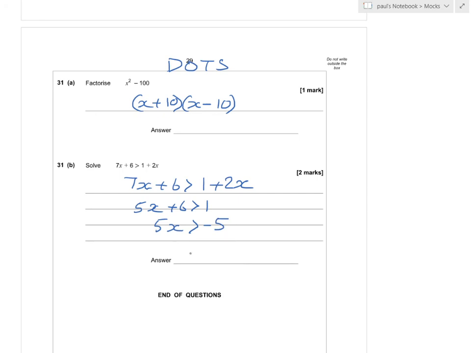So divide by 5, x is minus 5 divided by 5. I hope it comes out to minus 5 divided by minus 5. Just divide that into that, it is minus 1, isn't it? So x is greater than minus 1.